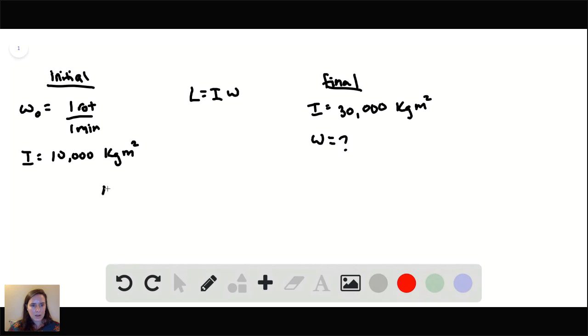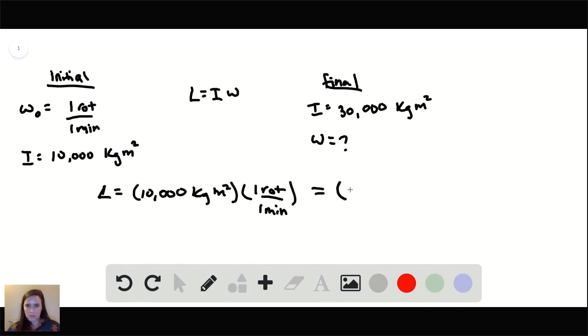So our L initial is 10,000 kilogram meters squared times omega, 1 rotation per 1 minute, is equal to final 30,000 kilogram meters squared times omega.